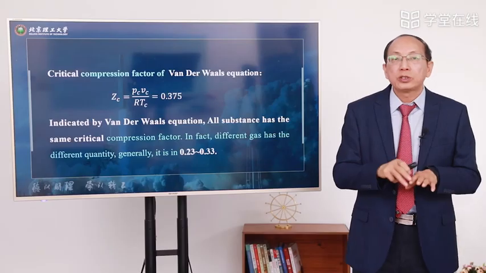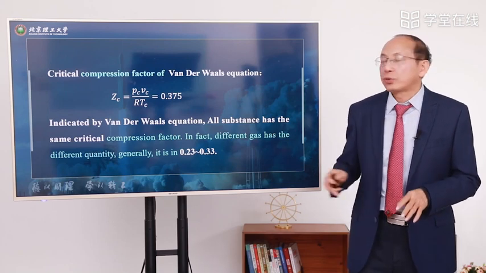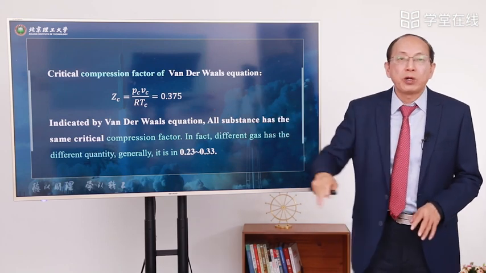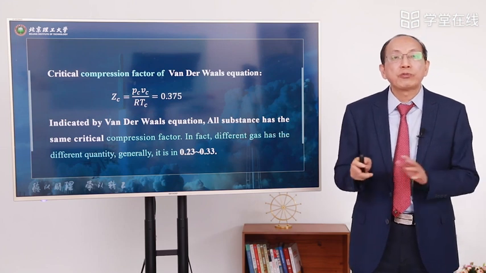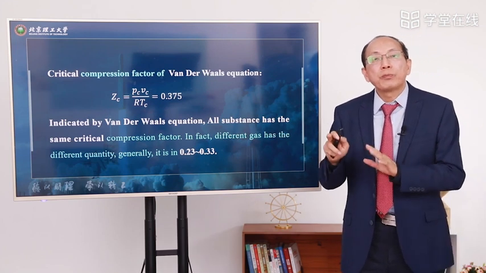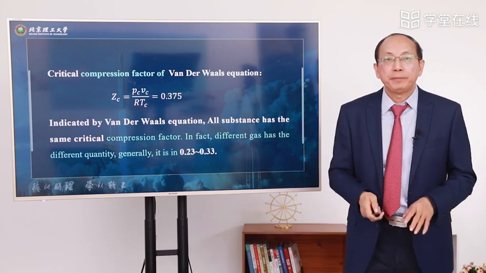It becomes smaller, it's not 0.375. The compression factor for real gas becomes smaller.